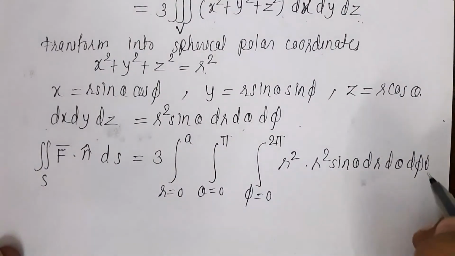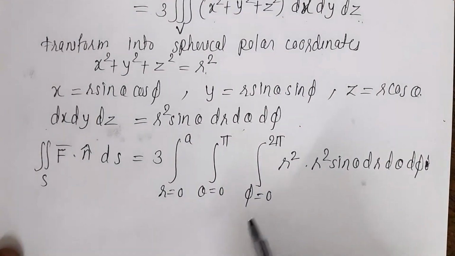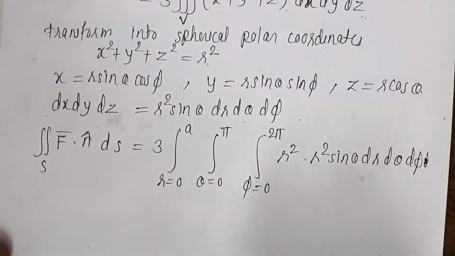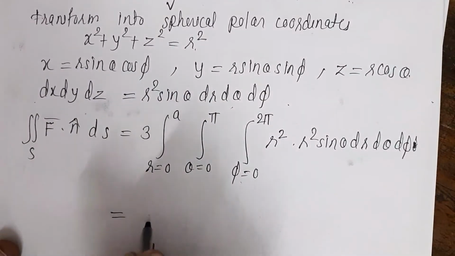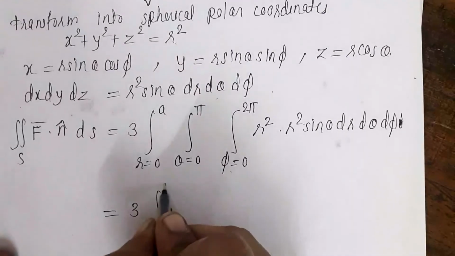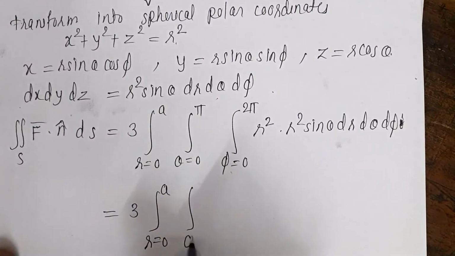Now see here, all the limits are constant limits, so we can evaluate all the integrals simultaneously. So this is equal to 3 times r equal to 0 to a, theta equal to 0 to pi.